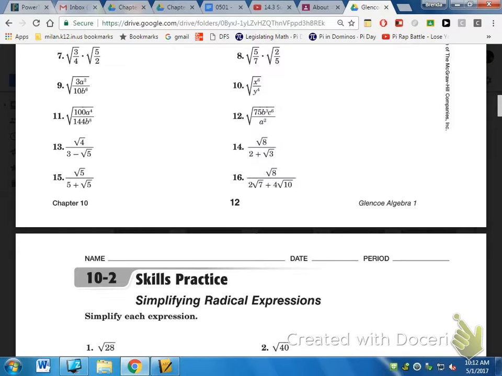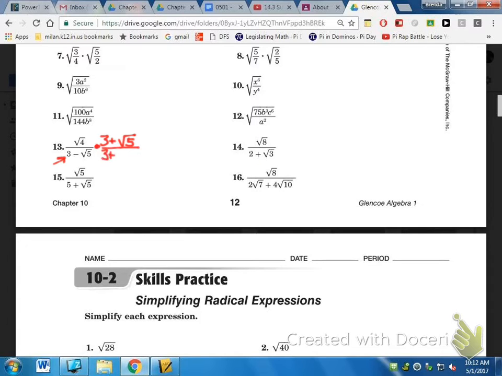So what you have to do in that situation is multiply top and bottom by what's called the conjugate of the bottom. The conjugate is the exact same two terms, 3 and radical 5, but you change the sign, plus.